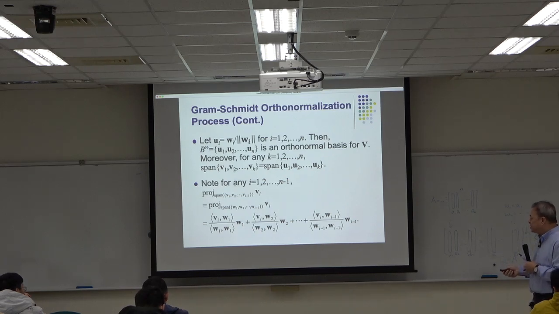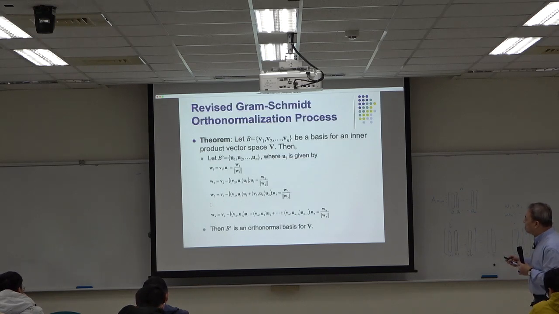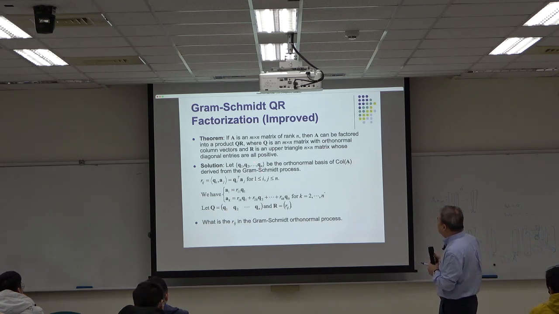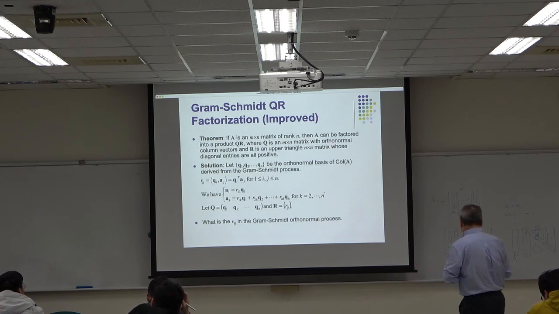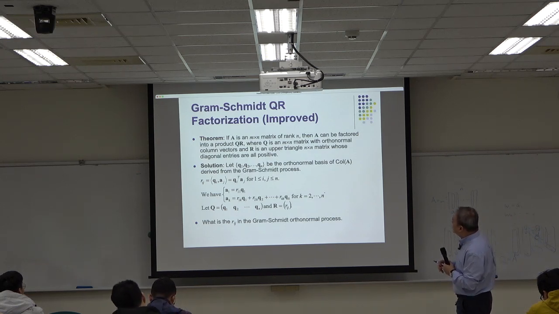So here, this is W1 to Wn. And if you look closer, we say the diagonal entries are all positive, and we say this is an m times m matrix with orthonormal columns. But wait a moment, let me see.